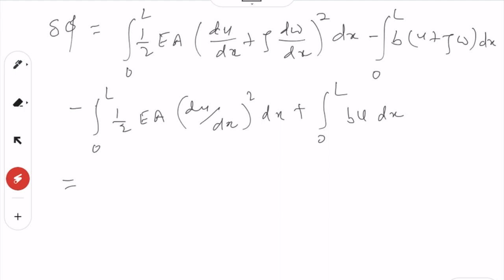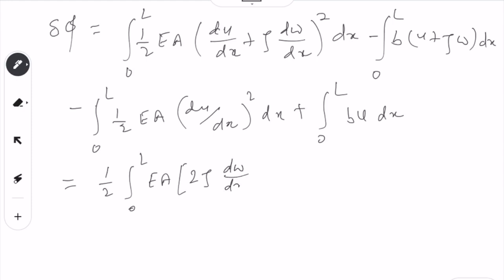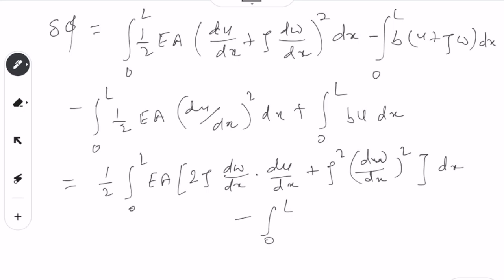So we will write the final term. We get half integral from 0 to L of E A, and then we get 2 zeta dw/dx times du/dx plus zeta squared (dw/dx) squared dx, and then minus integral from 0 to L of b zeta w dx.